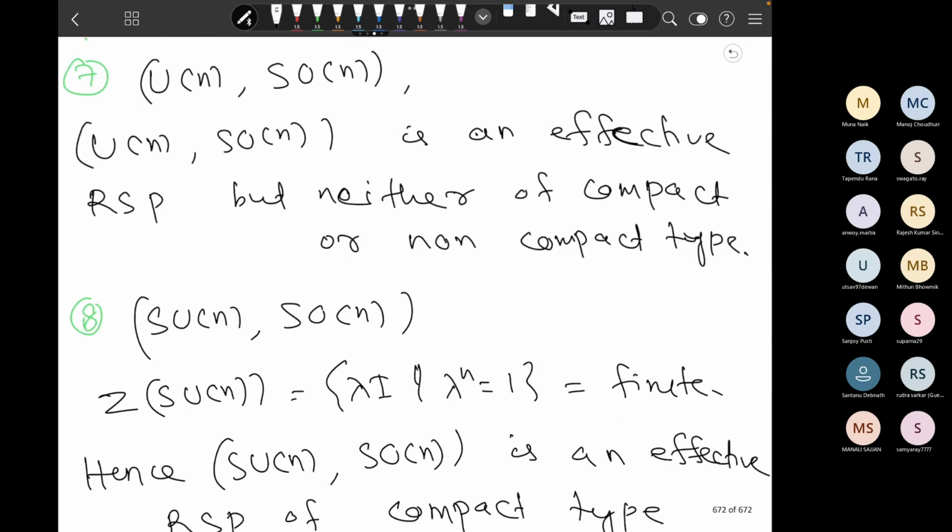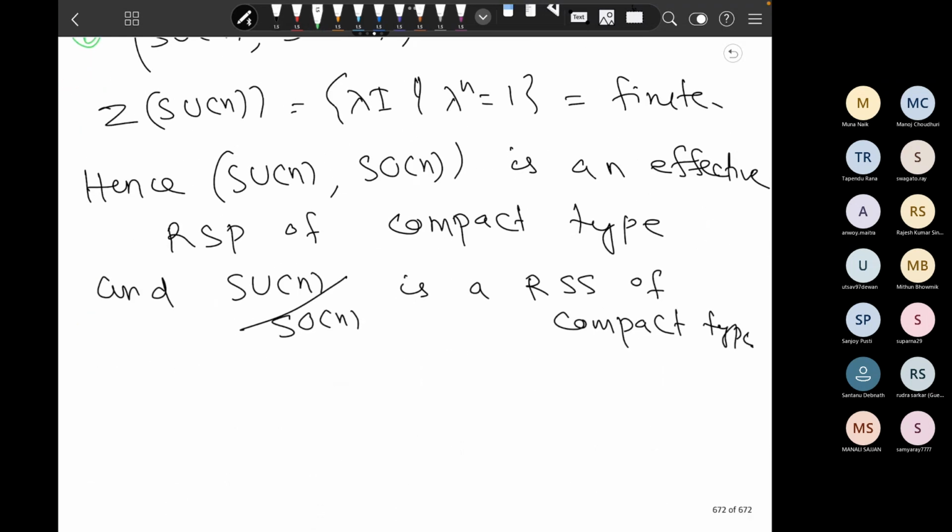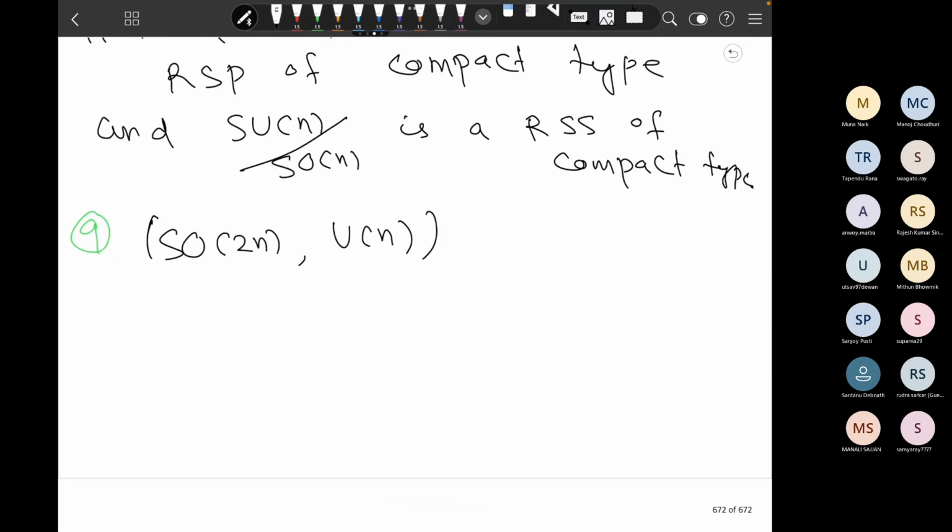Now I have taken another example. Did I leave something? You look at this SO2n mod UN.